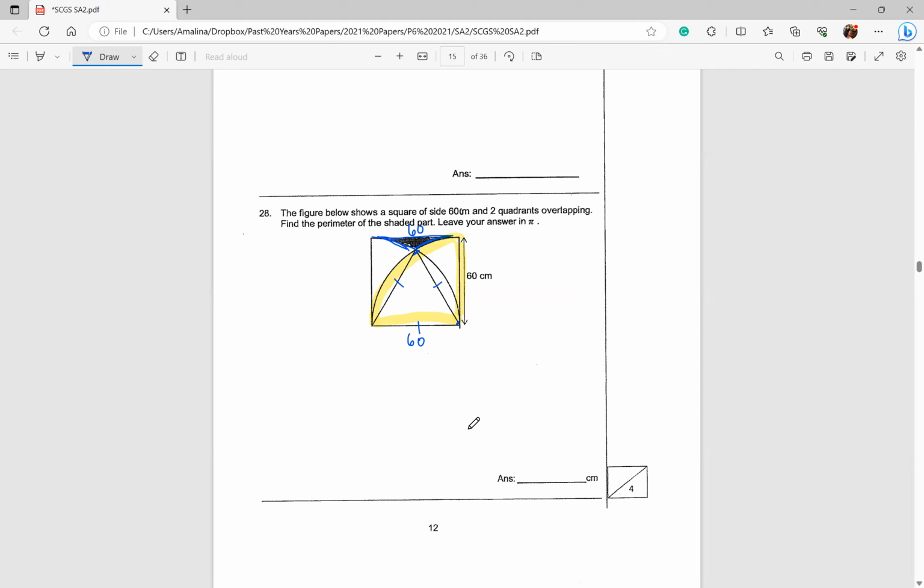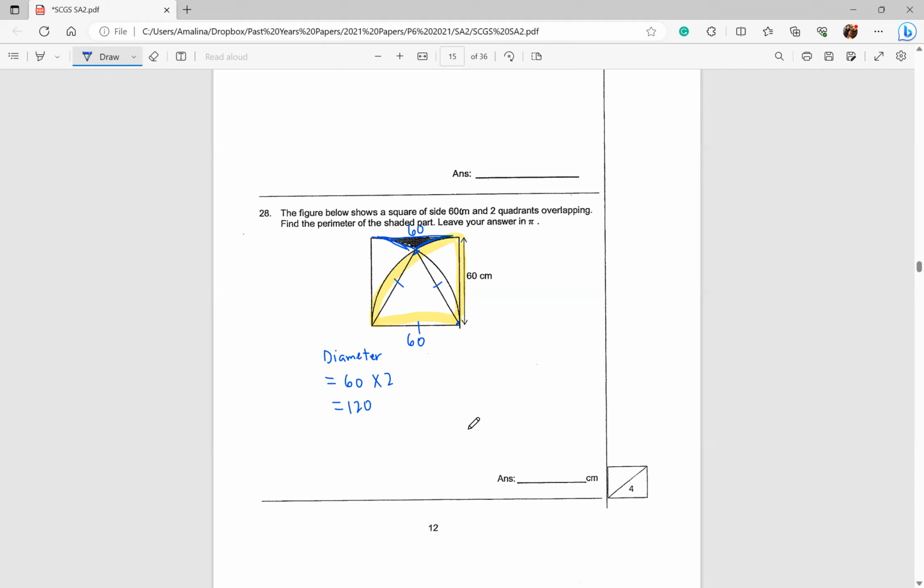Okay? So find your diameter first. My diameter is equals to my 60 times 2, which is 120 cm, because 60 cm is the radius, so diameter is 60 times 2.